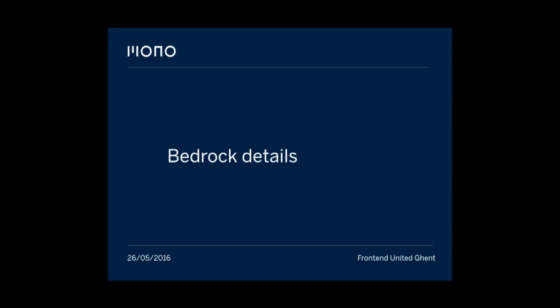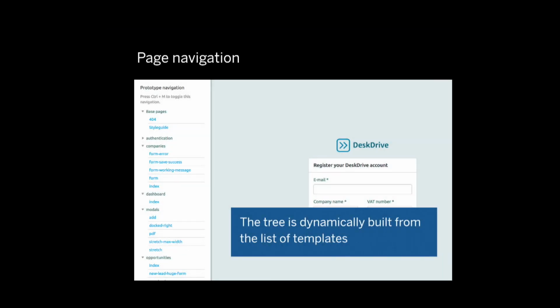And I want to go a bit into some implementation details that we made just to make it easier to make a prototype. So one of the first things that I showed you was the page navigation, and how it works is that whenever you create a new template, it's automatically added to this list. So you don't have to go on and add it manually somewhere or manage your navigation.